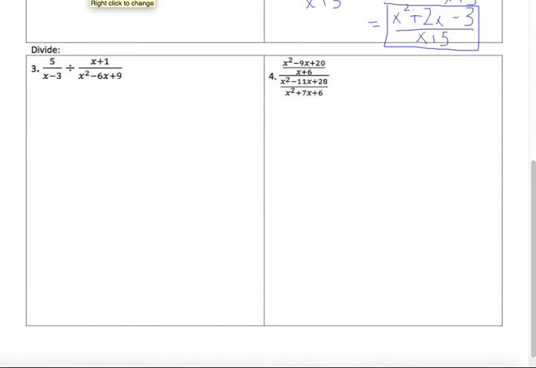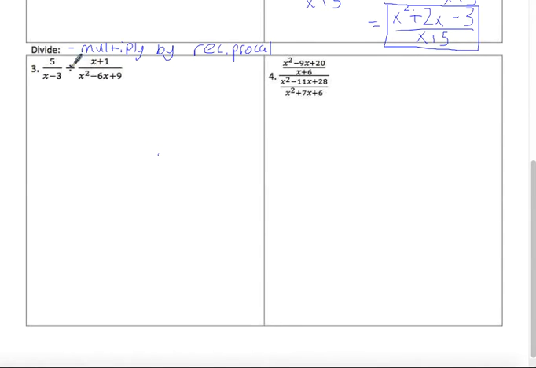So when you divide fractions, you multiply by the reciprocal. All right? So what that means is we take the second fraction and we invert it. We make the denominator the numerator and vice versa.